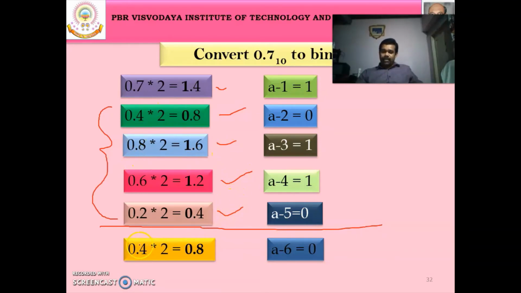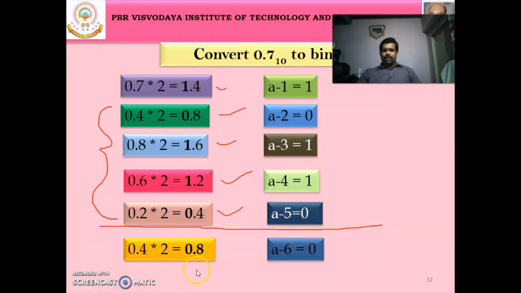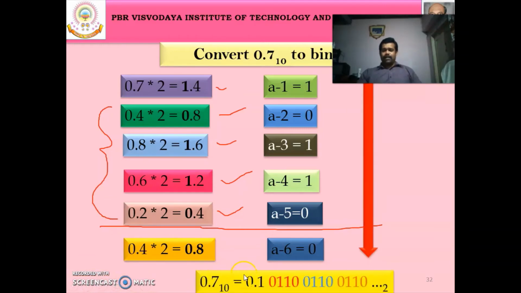Why? Because again this fraction 0.4 is coming once again, so since it is coming once again, it will be repeating. So the answer is 0.1 0 1 1 0 0 1 1 0 0 1 1 0.